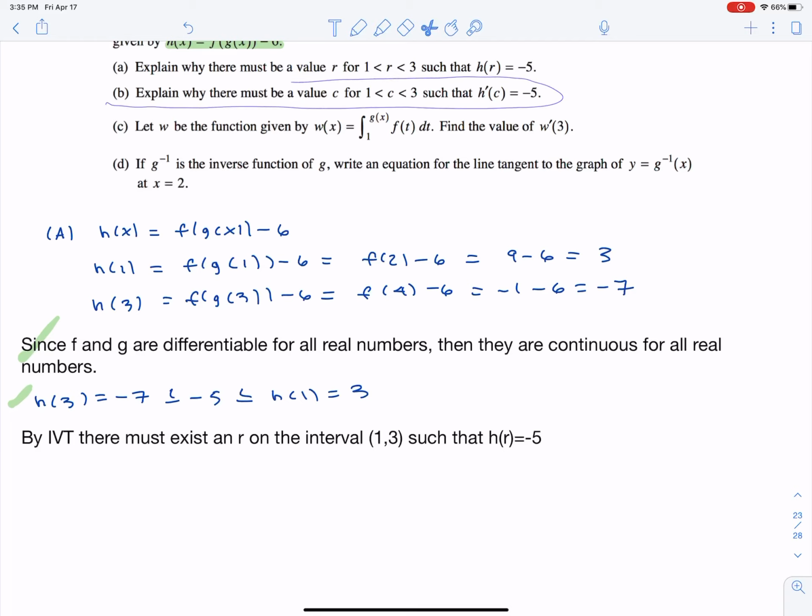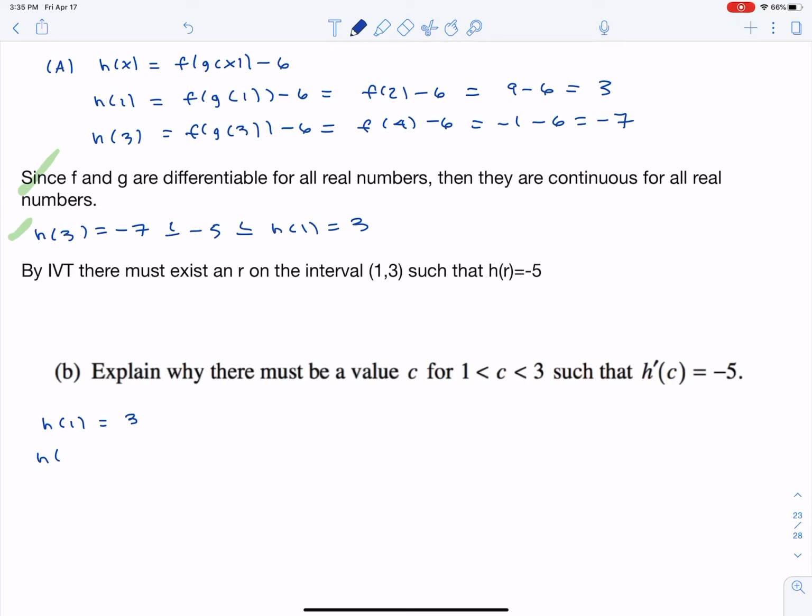Okay. So first off, the nice thing is we've already found h of 1 and h of 3. So again, I'm just going to summarize this for myself. H of 1 is 3. H of 3 is -7. And now I'm going to check and see if that slope even works.